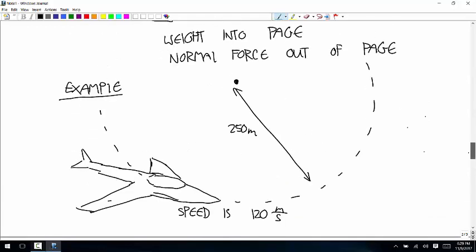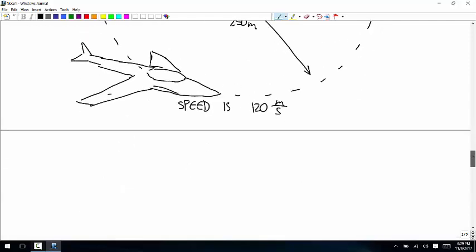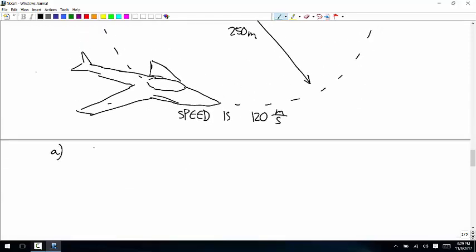And so let's say that at this point here, that's supposed to be exactly straight across from the center of the circle. So I'll call this point P. So A, at the point P, what's the acceleration of the pilot?